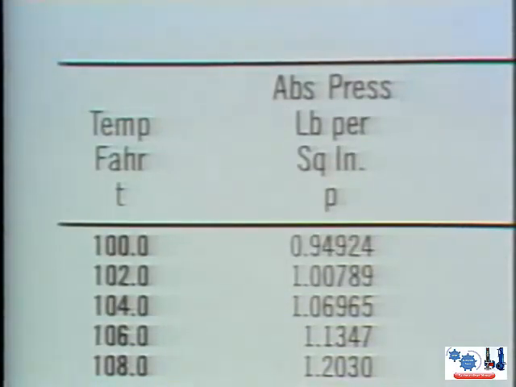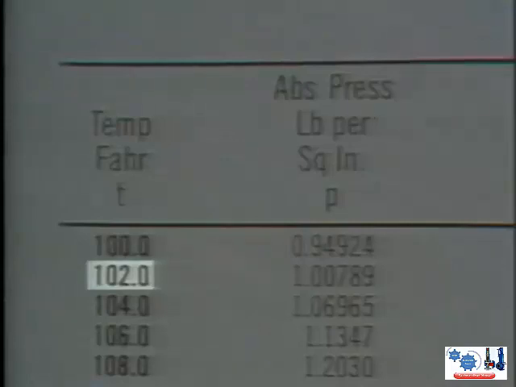We'll start by finding the temperature in Table 1, 102 degrees Fahrenheit. There it is. Now we look at the pressure column and find that the saturation pressure for water at 102 degrees is 1.00789 psia. We'll round that off to 1 psia to make things easier. What this means is that when you have water at 102 degrees and 1 psia, it is saturated.